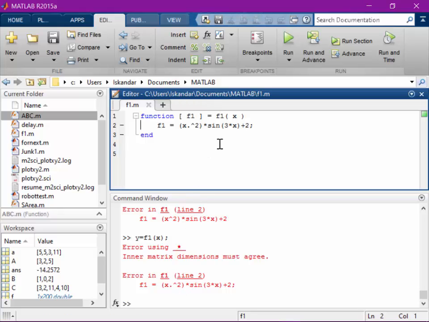Again, that's a scalar times, so I shouldn't need the dot there.